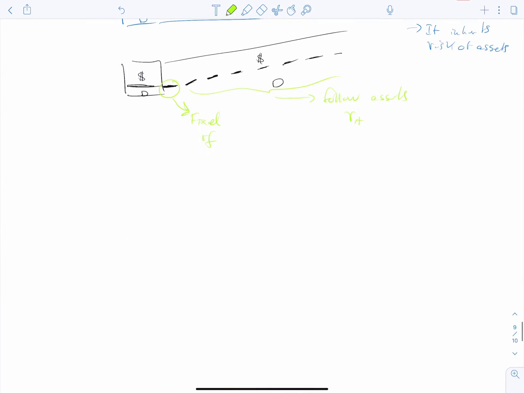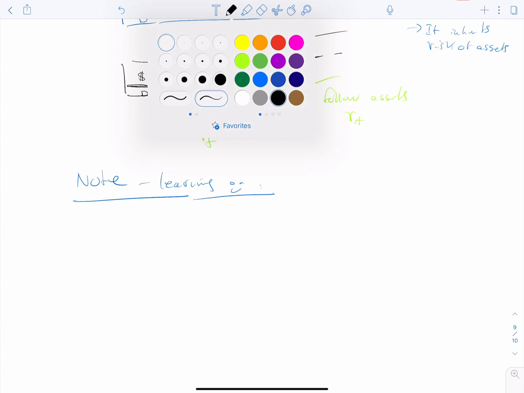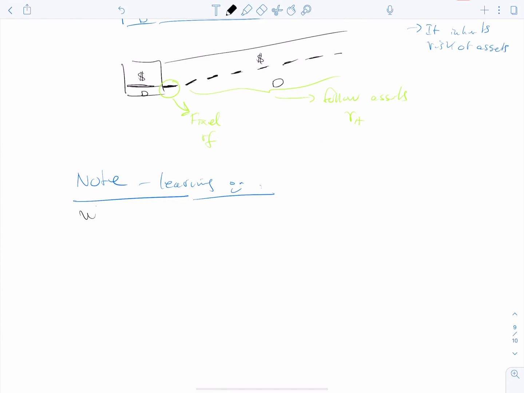Good. So let's actually write some text here. Note, a learning here, and it's nice to learn, so let's add a smiley: when debt is constant, tax shields are discounted with RF. This is good to know when you do exercises, obviously, but also if there was a memo on something like this, where you can brag a bit by saying that you understand these.